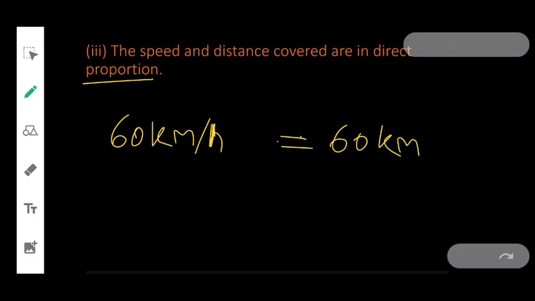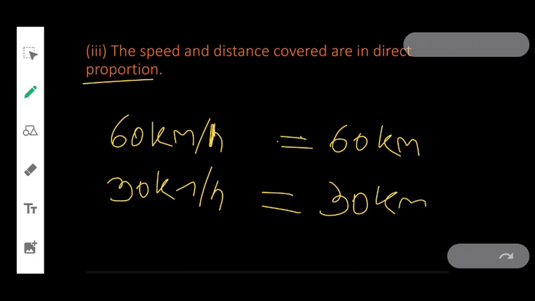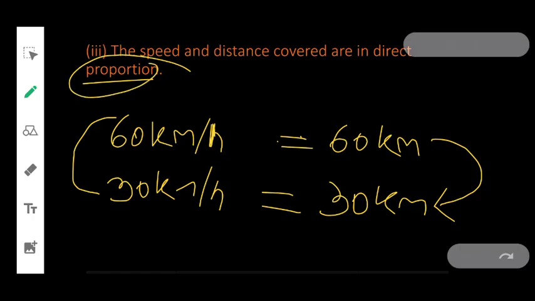Now if we decrease the speed of the bike, let's say 30 km per hour, then obviously it will cover less distance, that is 30 km. So as you can see, when we decrease the speed of the bike, the distance covered is also decreased. So speed and distance covered are in direct proportion. This is true.